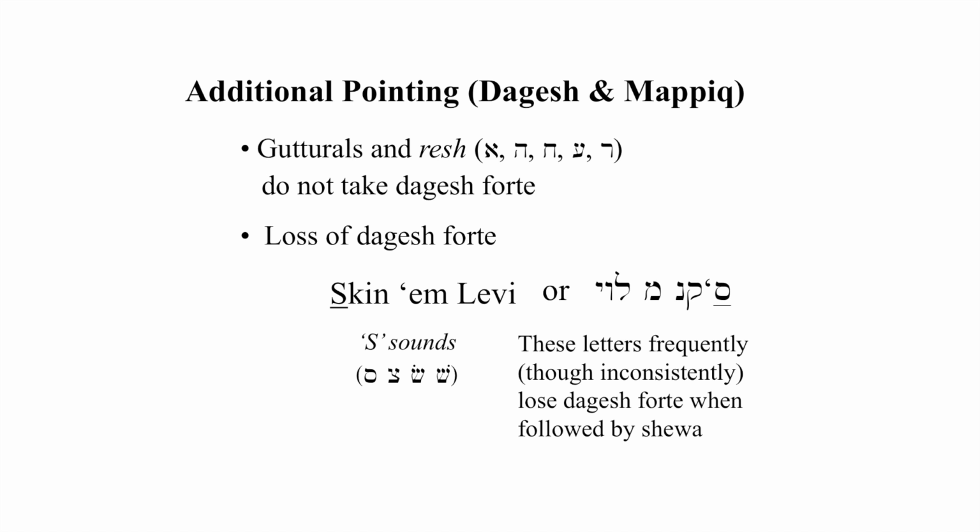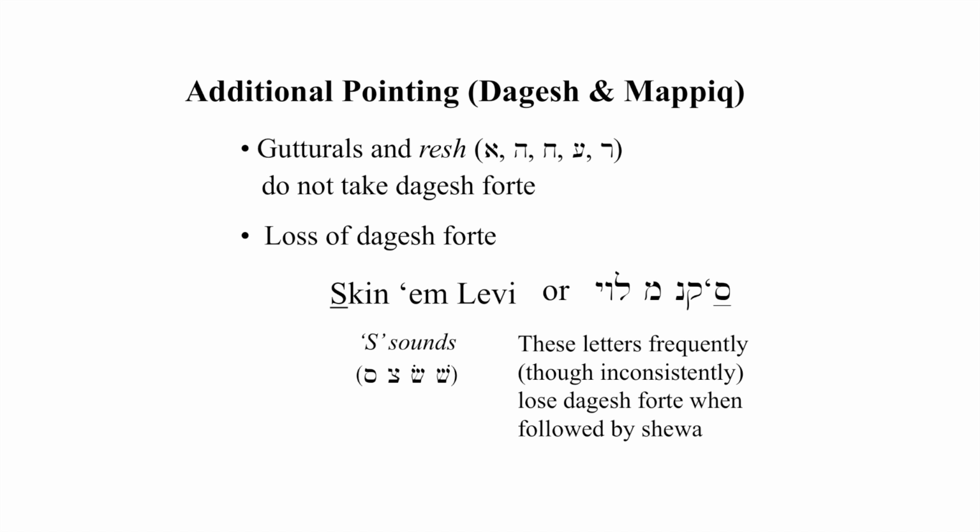Shinum levi is a mnemonic device to remind you that S sounds, S in shinum, S sounds, and the letters Kof, Nun, Mem, Lamed, Vav, Yod, shinum levi, are the letters that will often drop a dagesh when they are vowelless.